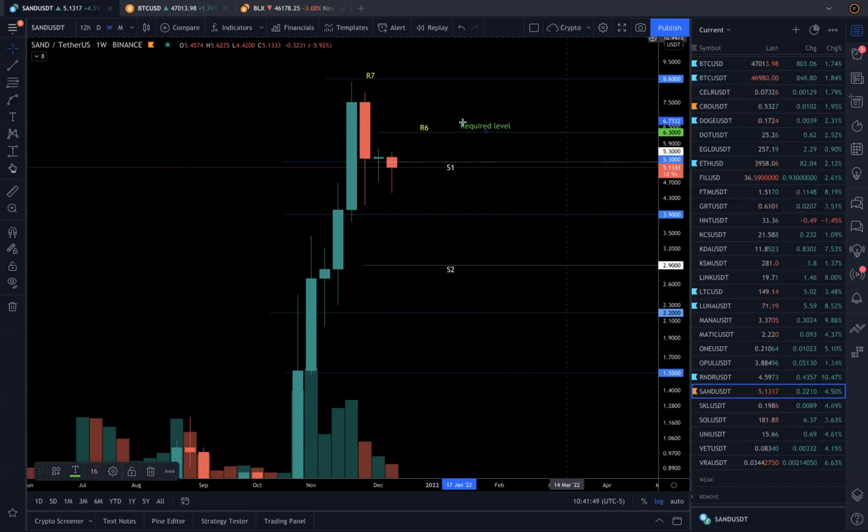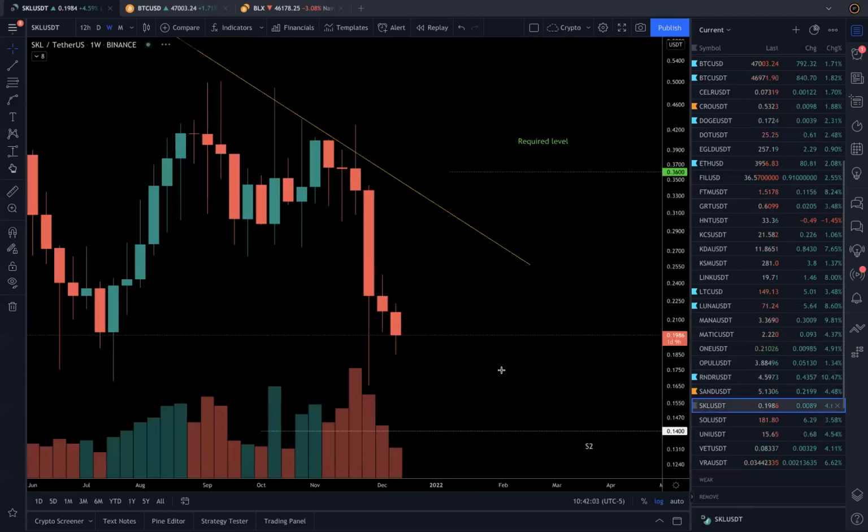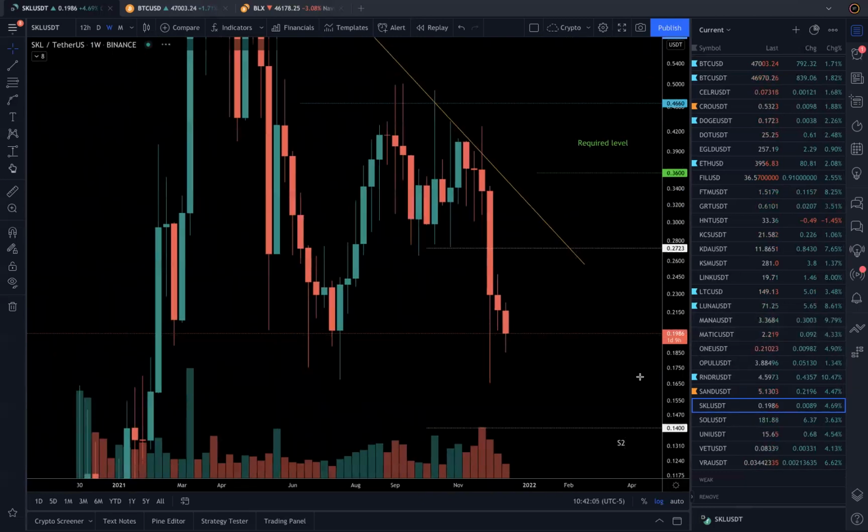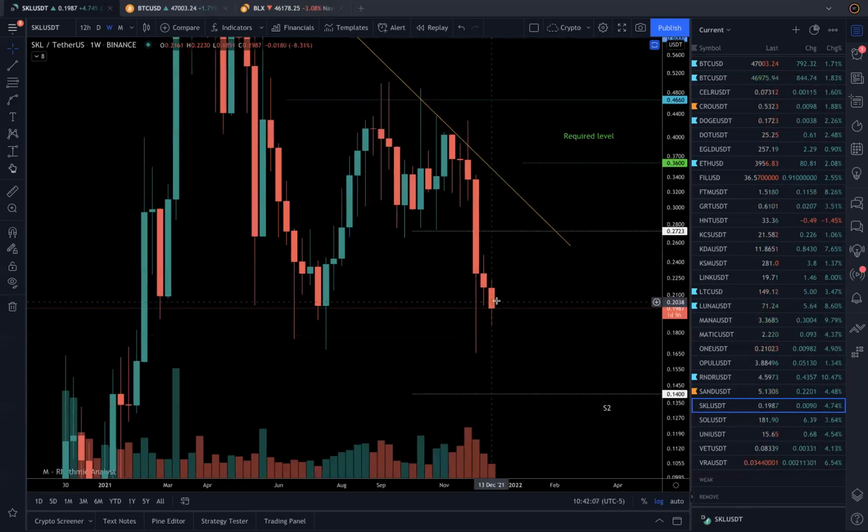Required level. So 5.75 could give you a start, and then R6 will say, okay, now. But this is no good. SKL, right? So this is also on edge, right? So not bad today, but on edge.